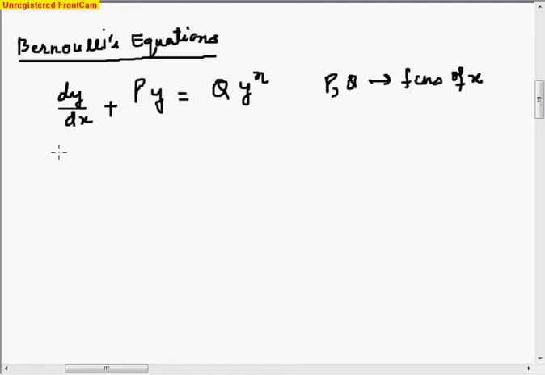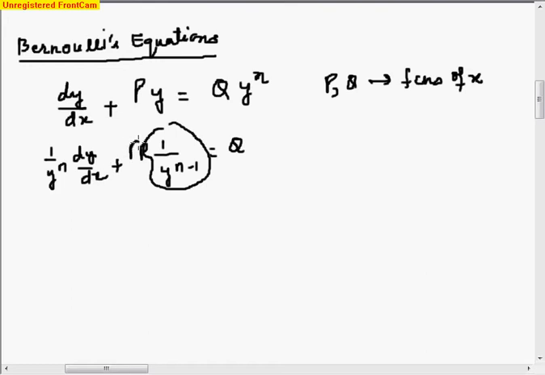So I can write this equation as 1 upon y raised to power n dy by dx plus p times 1 upon y raised to power n minus 1 is equal to q. Obviously, I am assuming that my y is not 0. Right? That you can do. So now I'll make this substitution.